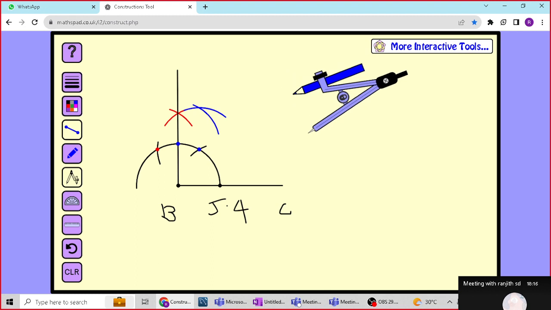Okay, how many of you got this 75 degrees line?